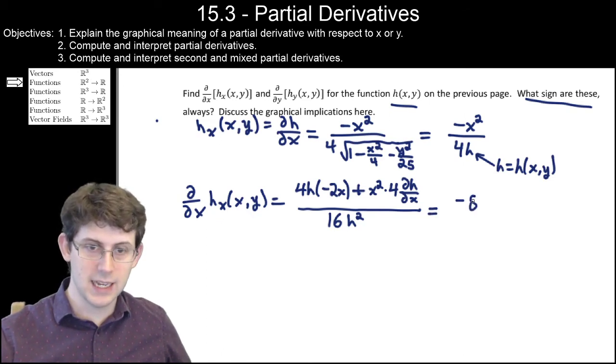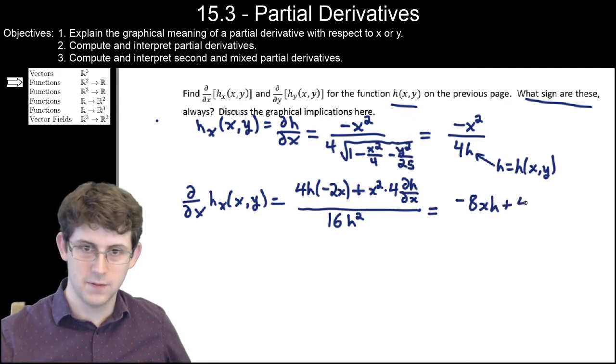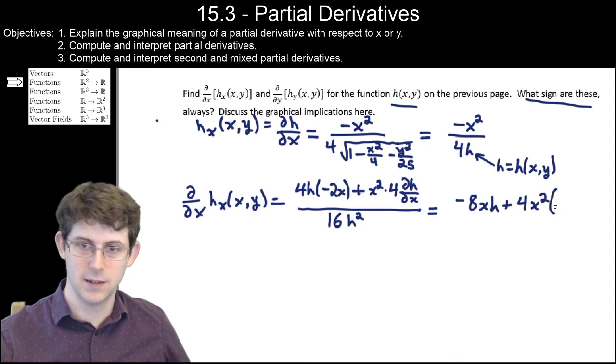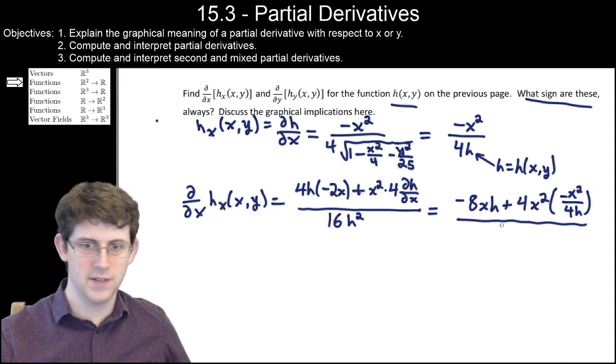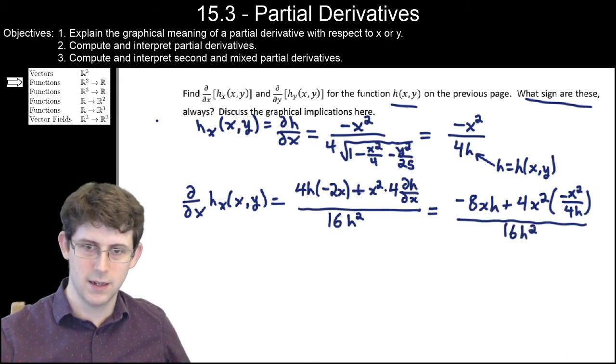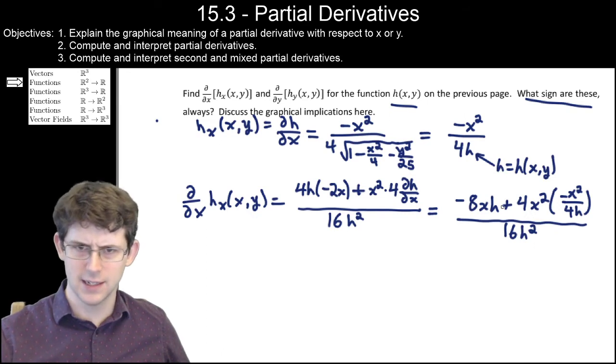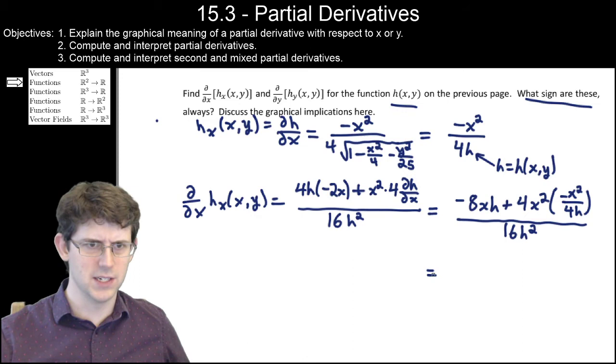So I have minus 8xh plus 4x squared times partial h partial x, which I've already done, all divided by 16h squared. h is always positive, which is nice. I'm not sure we're going to get any good information here.